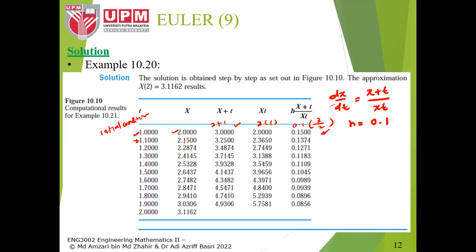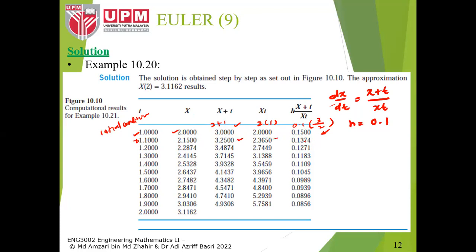In this case, when t is 1.1, your x will be 2 plus 0.15, so 2.15. So x plus t is 2.15 plus 1.1, you get 3.25. xt is this one times this one, you get 2.365. Then you calculate the increment of h, 0.1, times x plus t divided by xt.